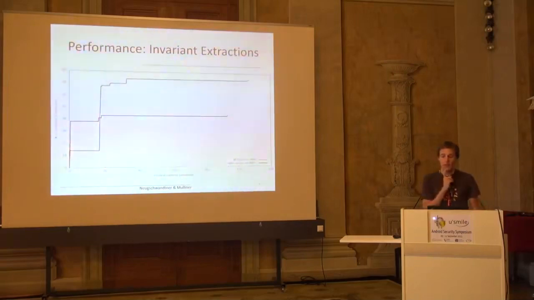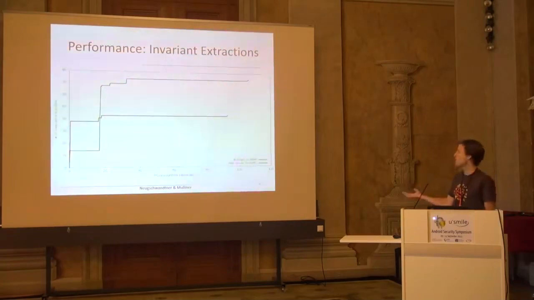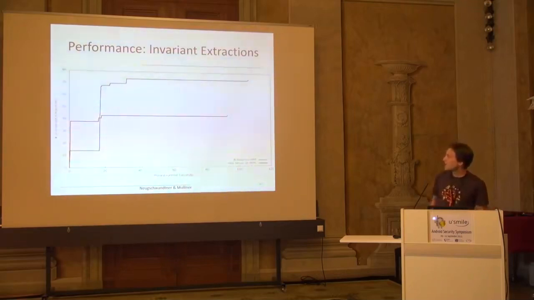And here, what we did is we had the web server running on the router, and we browsed that web page on the router web server with a browser running on Android on ARM. What we can see here nicely is that at program startup, we have lots of invariant extractions, because of course lots of system calls are done at program startup.